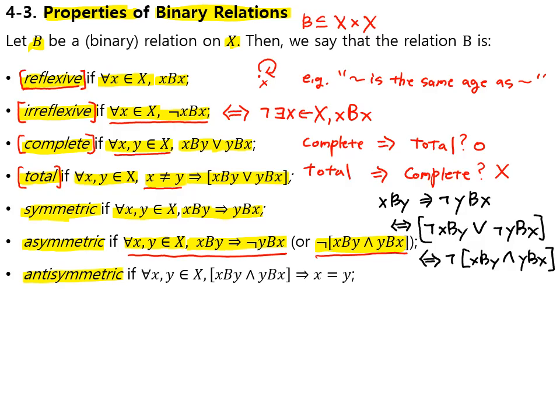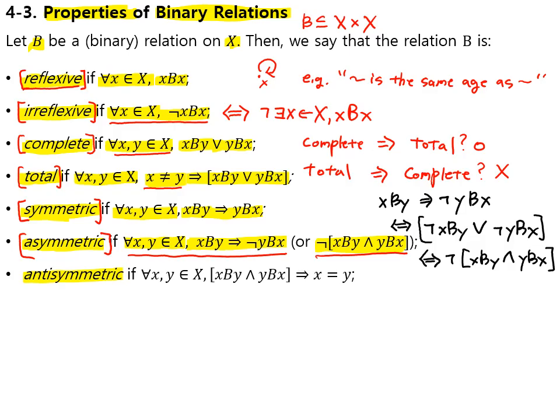If you think of it, it makes intuitive sense. Asymmetric means that there exists no pair of elements such that the relationship goes both ways.